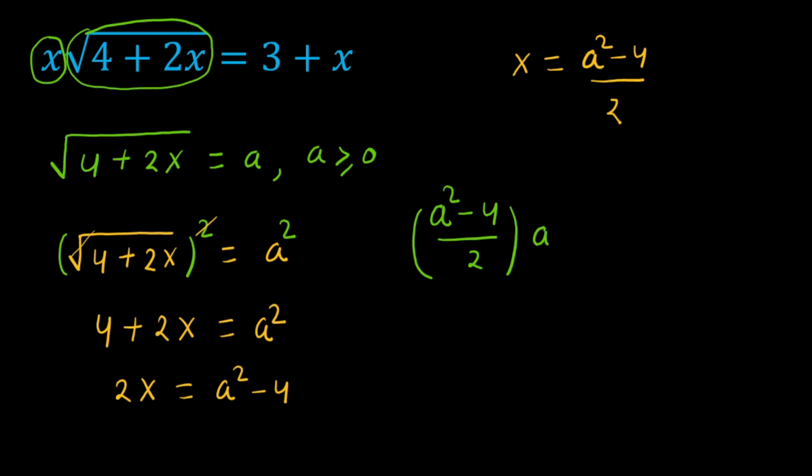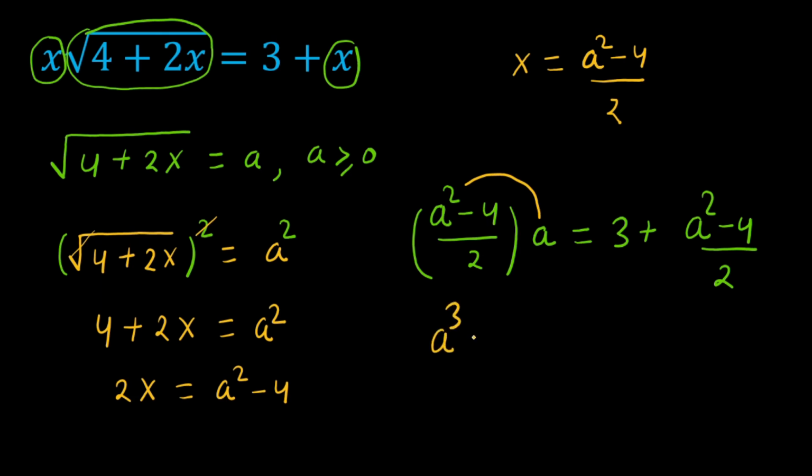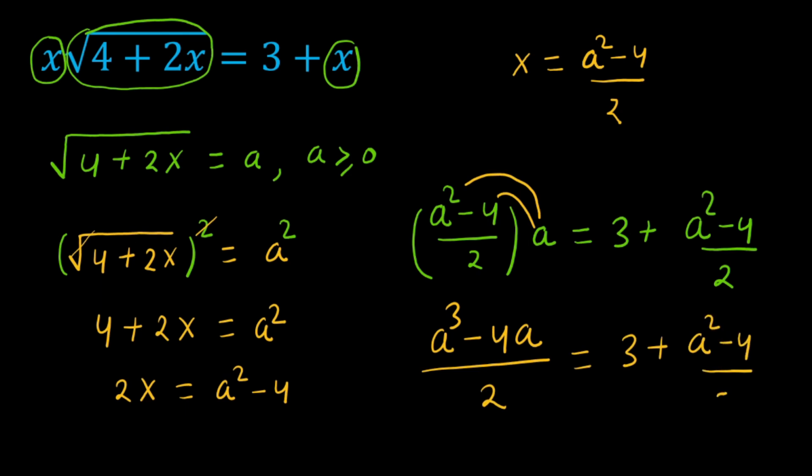Then a times (a square minus 4 over 2) equals 3 plus a square minus 4 over 2. On the left-hand side a multiplied by a square gives a cube, and a multiplied by 4 gives 4a, divided by 2.